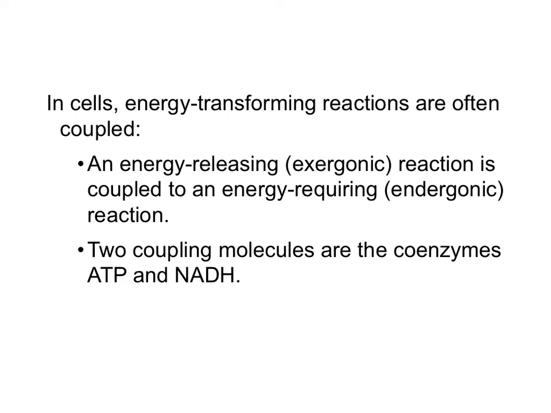Remember back to our flipped free energy assignment that exergonic reactions have a negative delta G, and the endergonic reactions have a positive delta G. So the energy that is released from your exergonic reactions can be used or input into the endergonic reactions. And it's 2 molecules that are going to help facilitate or make this happen: ATP and NADH.